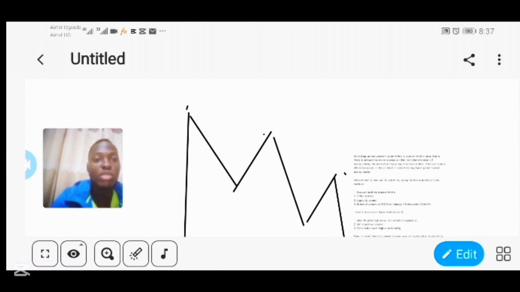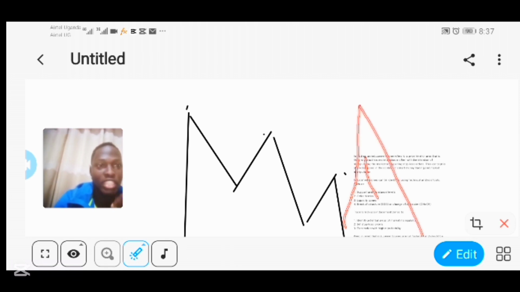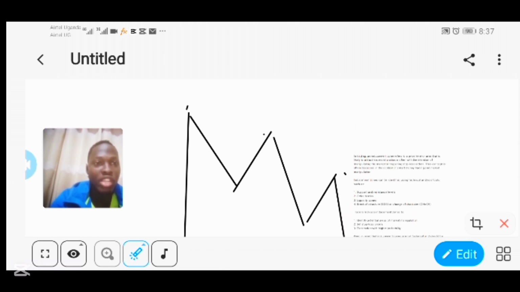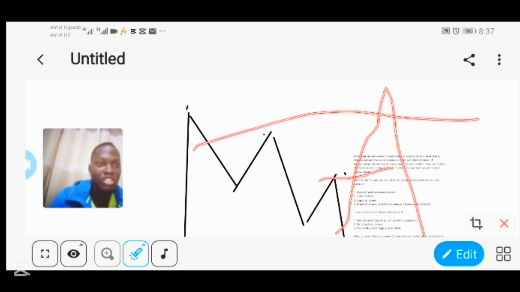So price will have to come and fill this low, inducing it like this before actually it goes to the downside like this. So many traders will have their stop loss here. Some of them will be there and they will be taken out. So this is the way we shall trade this zone here.